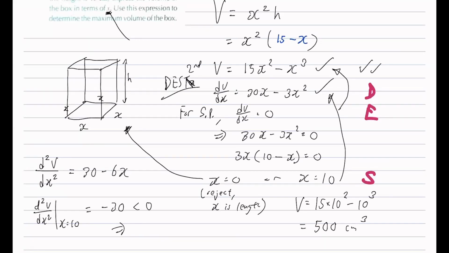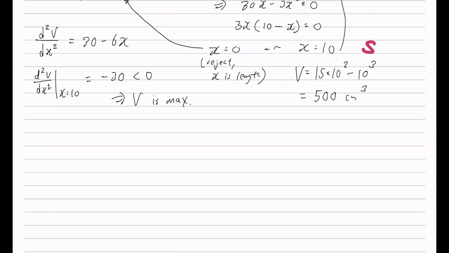V is max. Usually when you want to determine the nature of a stationary point, what you will say is that (10, V), so 500 is the maximum point.